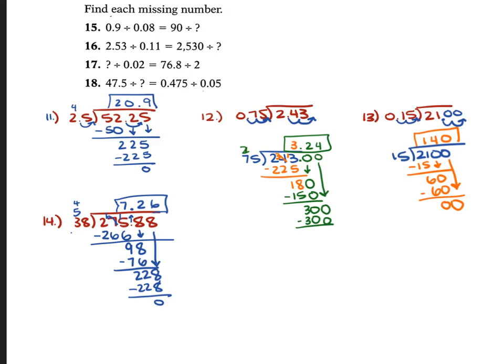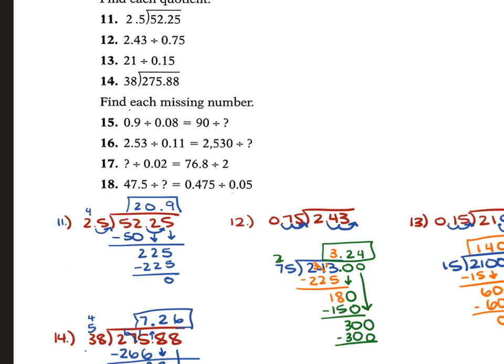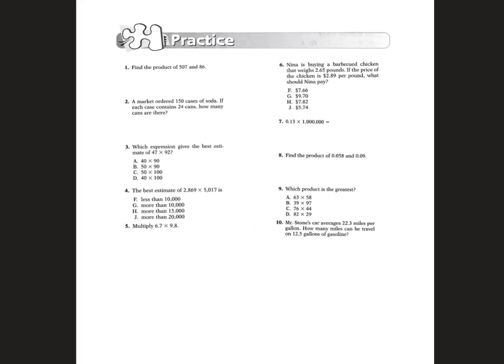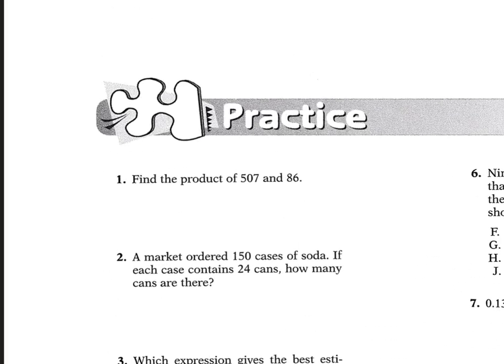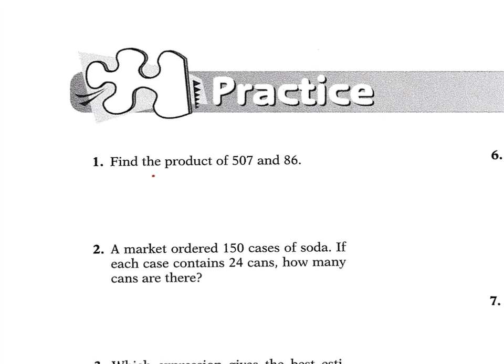For our next set of questions, we are going to skip these because I do want to go over the practice that I gave you for this section. So for 1, we are finding the product of 507 and 86. We're just going to multiply these two. So we have 507 times 86.